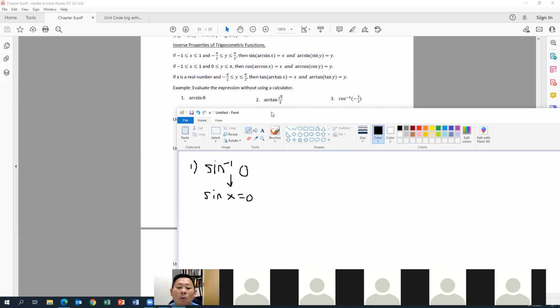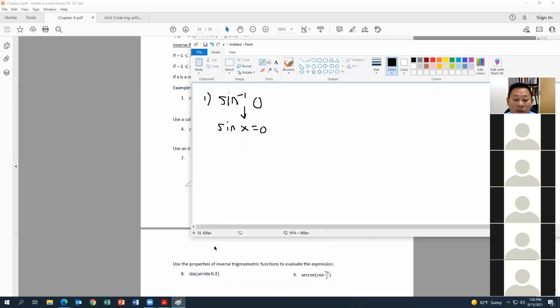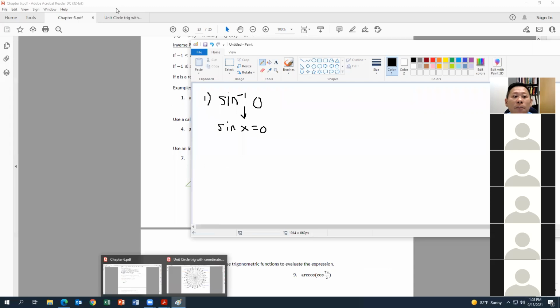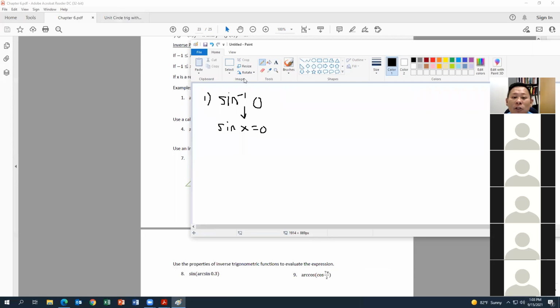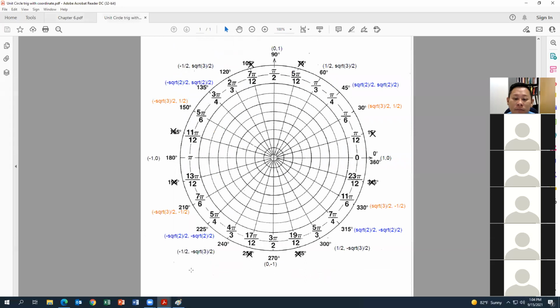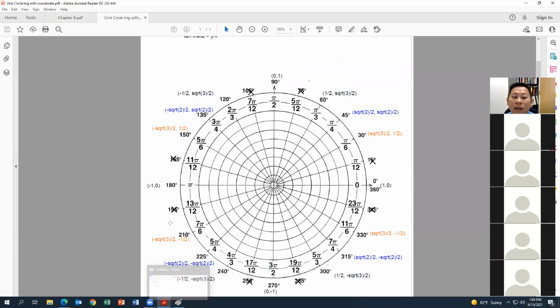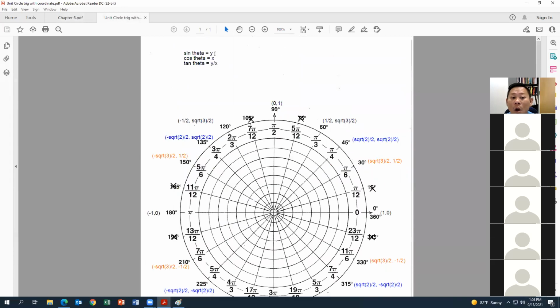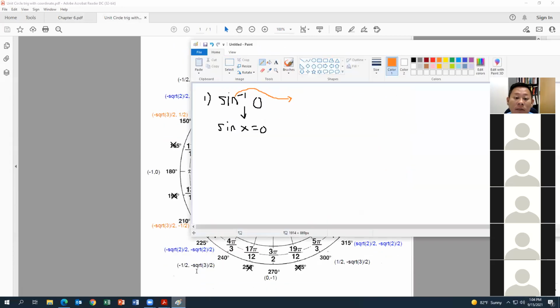So in order for us to do this, we use a unit circle approach. When you talk about sine, can someone tell me, is sine your x or your y value in the unit circle approach? Sine is your y value. So what you need to look at here is, what is the y value?